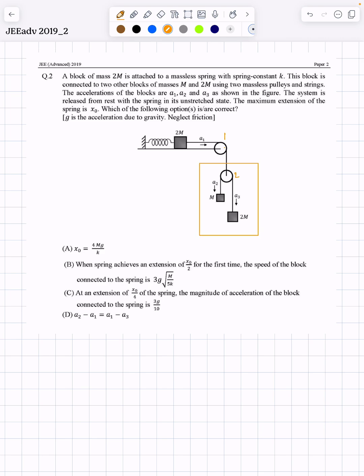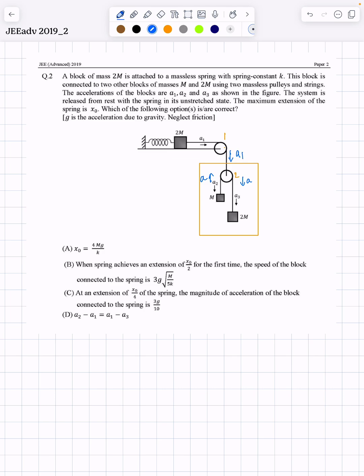As I was saying, with respect to pulley 2, the mass 2m will go down with an acceleration, let's call it a, and the mass m will go up with the same acceleration a. In addition, this entire block shown in the orange box is going down with acceleration a1, so this entire system is going down with a1 as well.